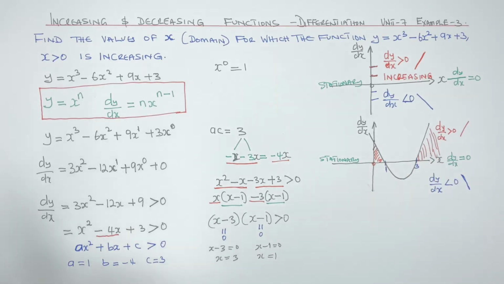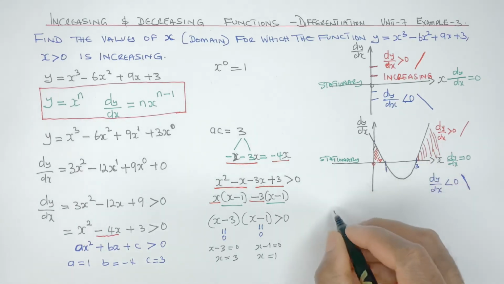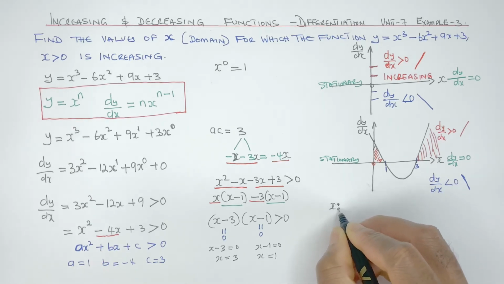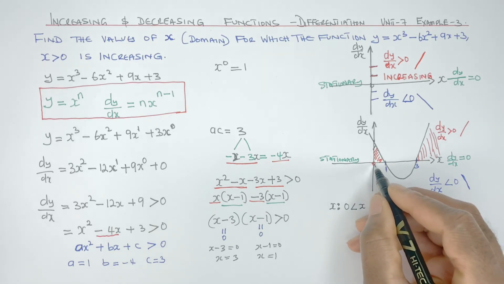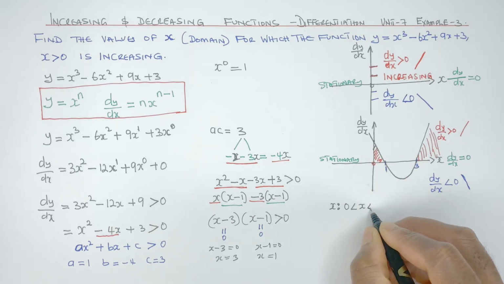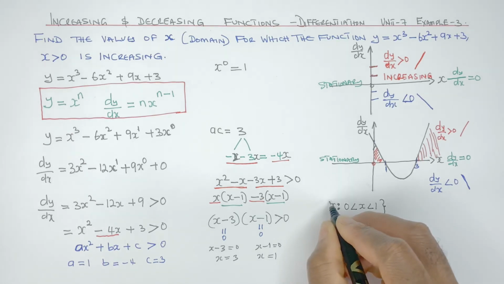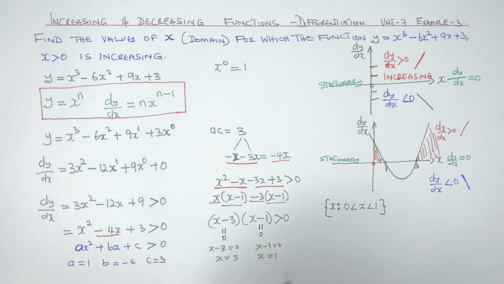So what's their range? Or what's the domain? The domain for these ones here, you could say x colon 0 is less than x, because it's between 0 and 1, which is less than 1, in curly brackets.